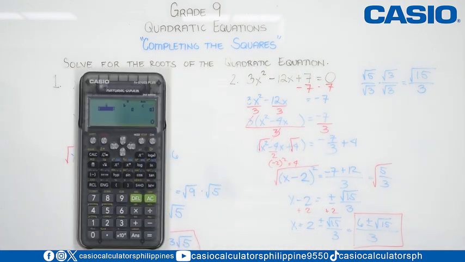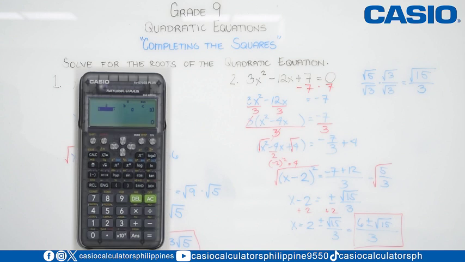Now let's check if the root of our second example, 3x squared minus 12x plus 7 equal to 0, is really equal to 6 plus or minus square root of 15 over 3 using our calculator 570 ES Plus. Same thing as we did in our first example, we need to access the mode 5, or the equation mode, and the quadratic equation.